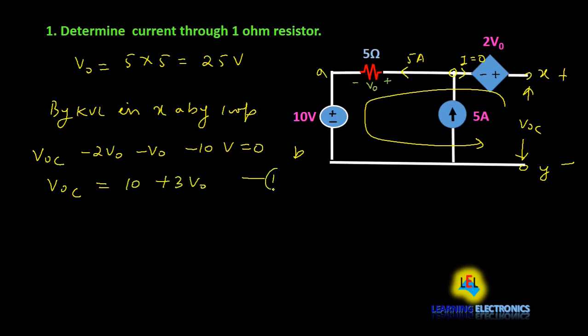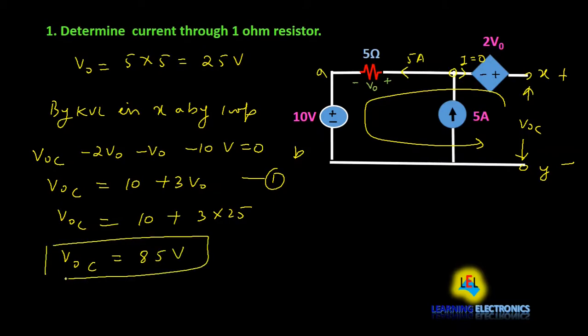So this is our equation number 1. Now we put the value of V0 is equal to 25 volt in this equation. We get VOC is equal to 10 plus 3 into 25. So from this we get VOC is equal to 85 volt. So we are getting open circuit voltage VOC is equal to 85 volt.